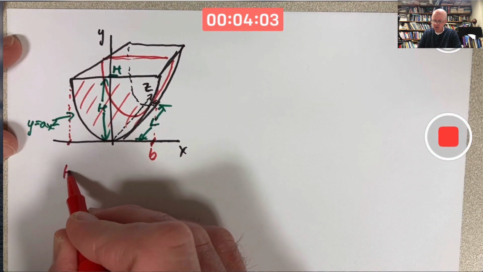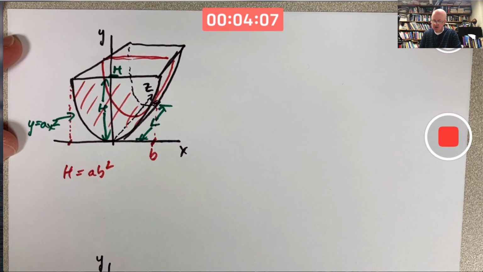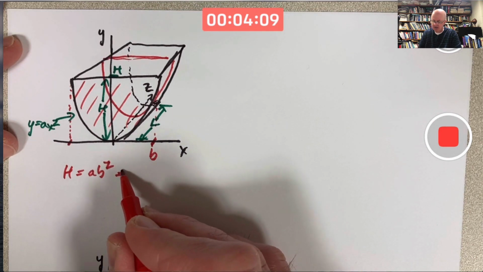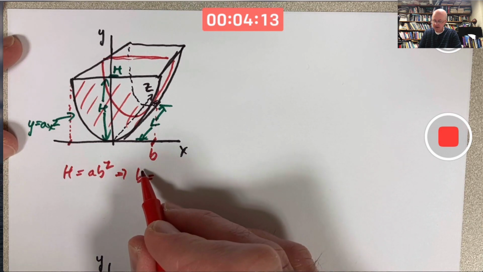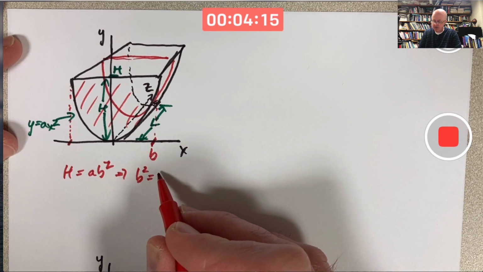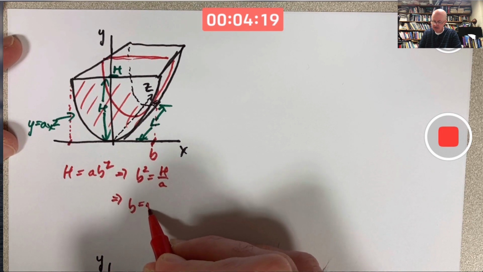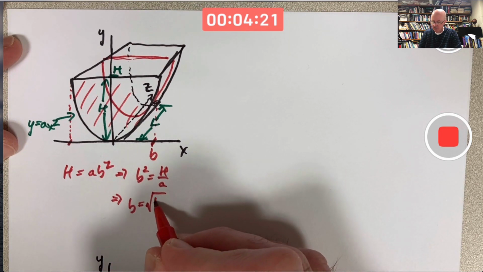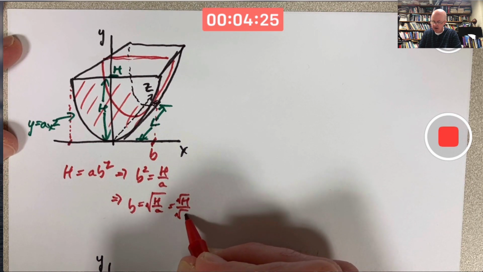I can replace y with h and x with b and solve that equation for b. Divide both sides by a, then take the positive square root of both sides. B is the square root of h over a, which I'm going to write as the square root of h divided by the square root of a.